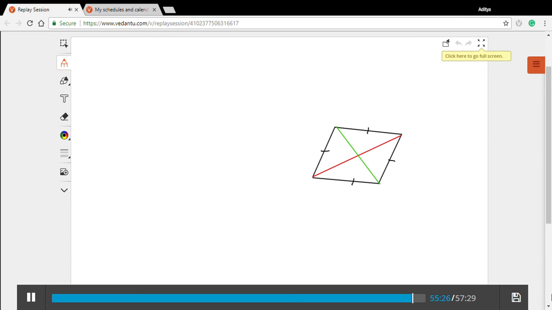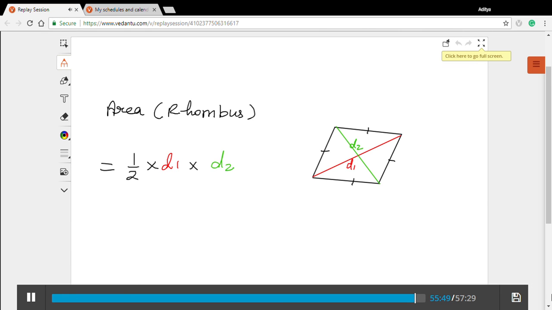So the area of the rhombus is half times d1 times d2. d1 and d2 are just the diagonals. So you can use that formula as well. Those are the formulas for our two-dimensional objects, so there is no problem in them.